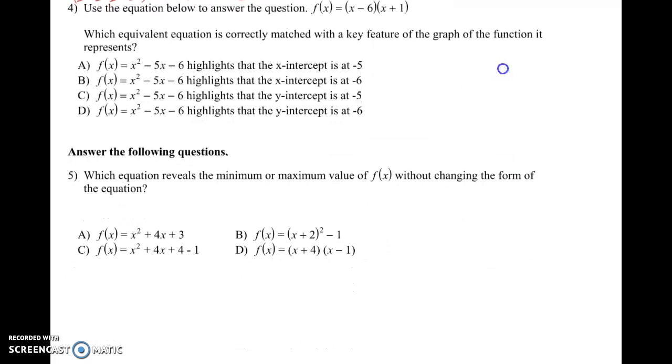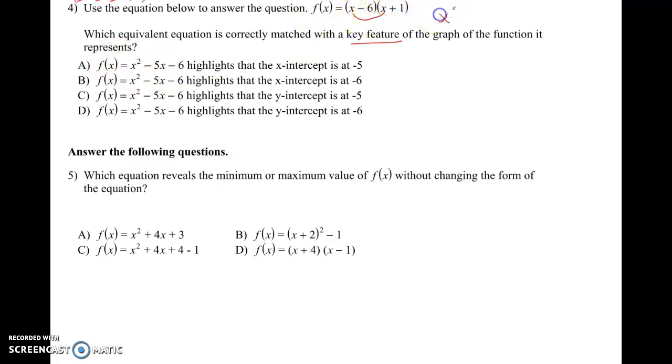Okay. Question number 4. Use the equation below to answer the question. So, which equivalent equation is correctly matched with a key feature of the graph of the function it represents? So it looks like they have FOILed this out or multiplied this out.